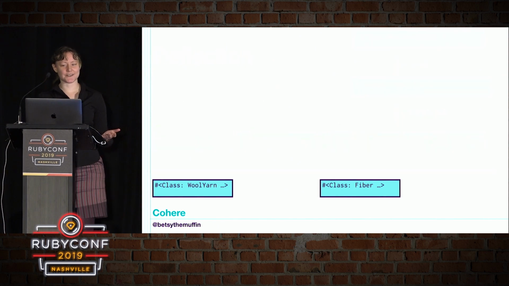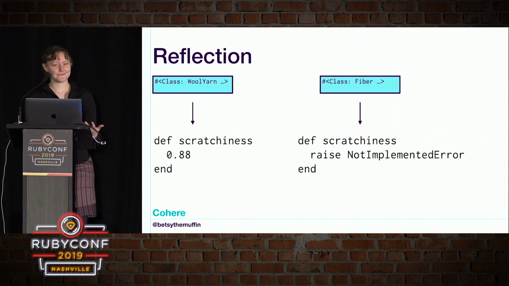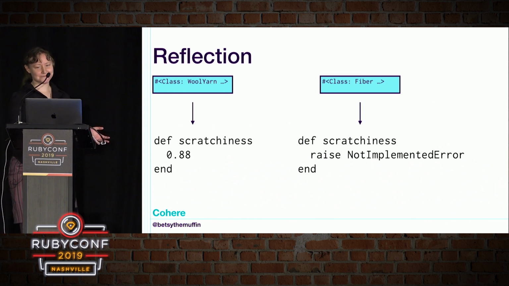It's kind of like full text search, but it's a lot more Ruby-ish. And then from there, just within Ruby, we can even print out all of the possible method definitions. So here, we can learn that the subclass wool yarn completely overrides the definition from the fiber class, which is good, because that definition would have just raised an error.